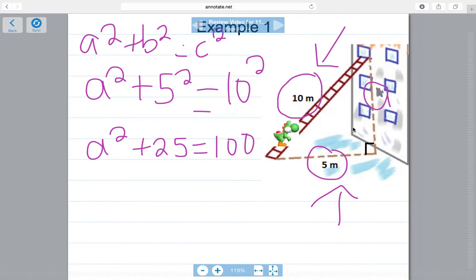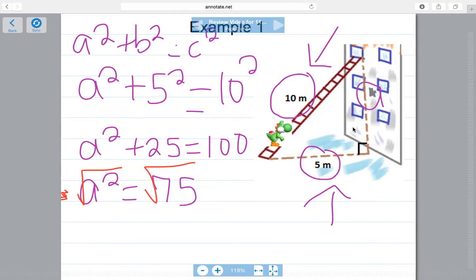Now trying to solve for just a, we subtract 25 from both sides, and we'll get 75. Take the square root of both sides. That way we can get just a by itself, because the square root of a squared is just a.